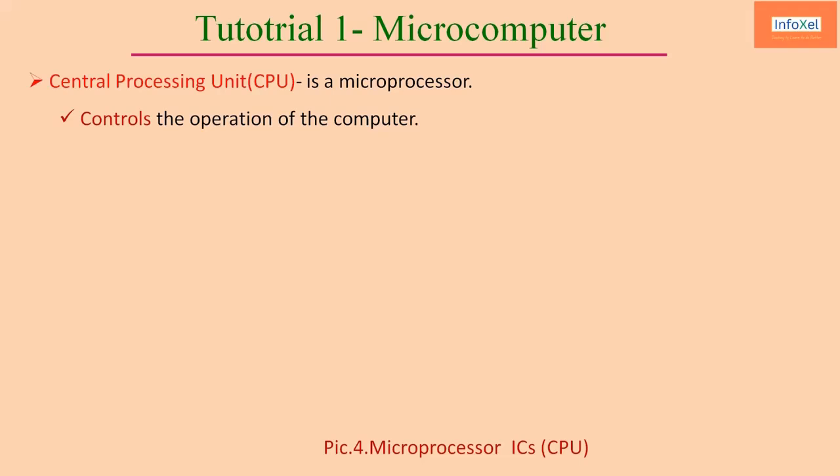It fetches the instructions from the memory, that is, gets the instruction from the memory, decodes the instruction and executes the instruction. So these are the functions of the central processing unit.